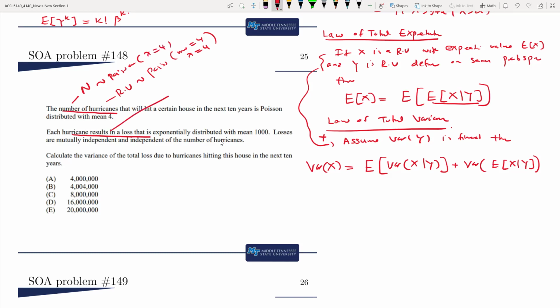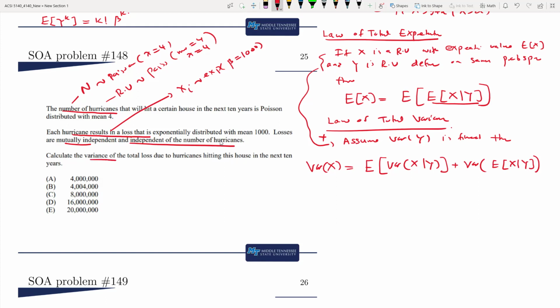Each hurricane results in an exponentially distributed loss xi with mean, and I'm going to use the beta formulation, 1000. Losses are mutually independent and independent of the number of hurricanes.